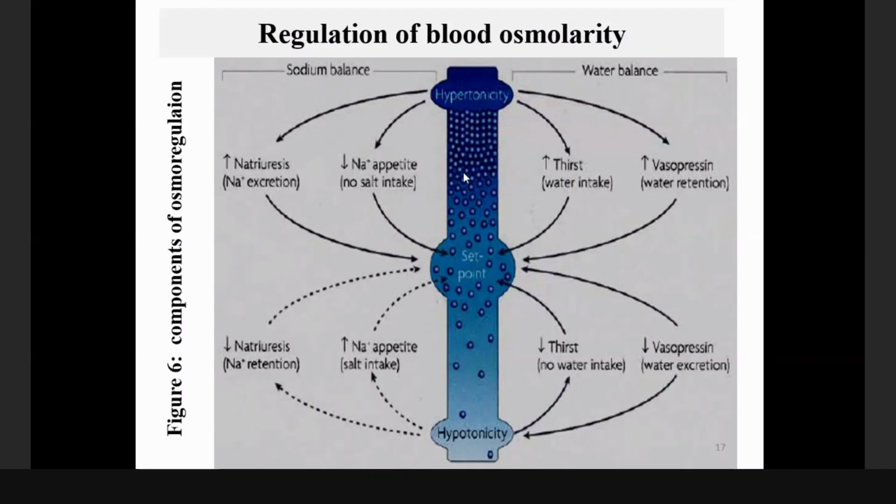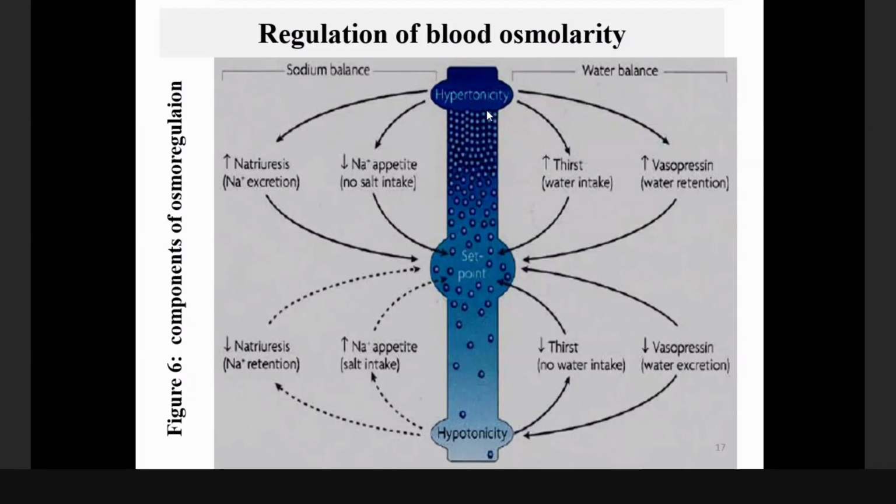So all these processes make the sodium level in the blood go back to the set point, or back to normal. Otherwise, when sodium in the blood is reduced, that's called hypotonicity. Hyper is high.